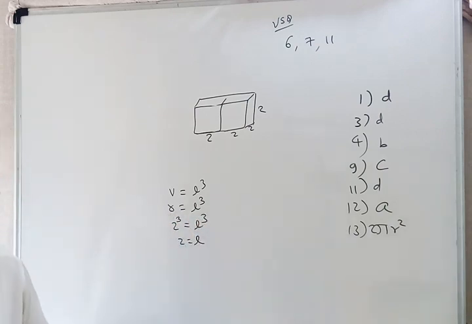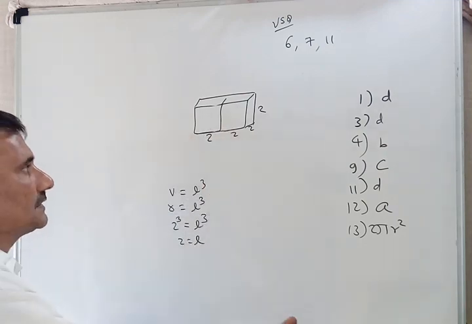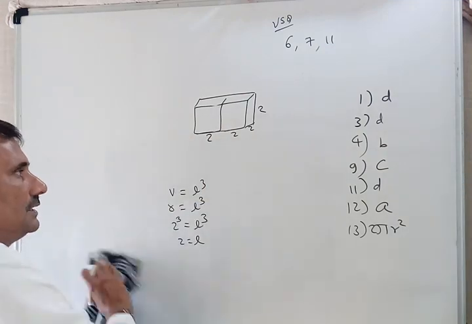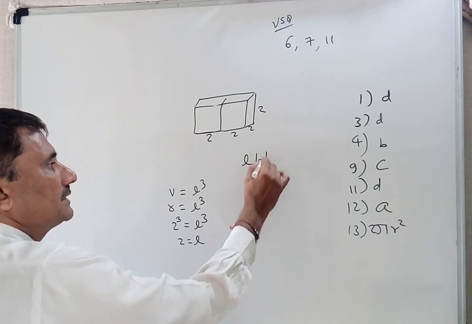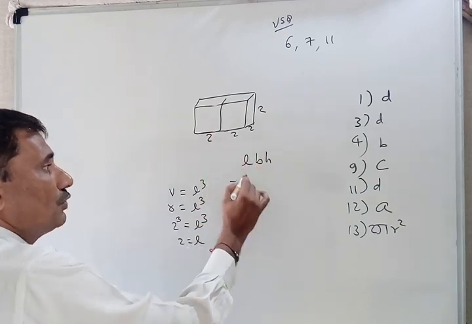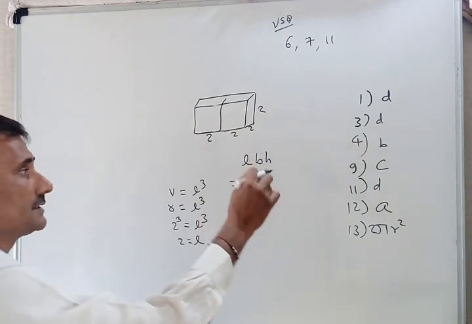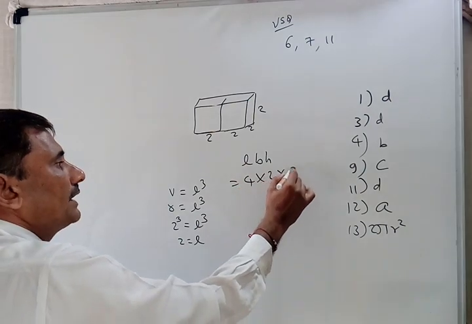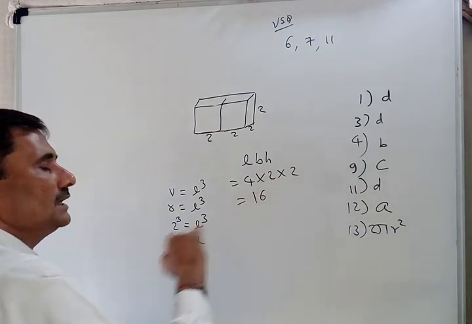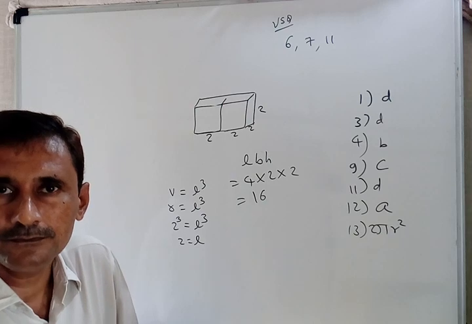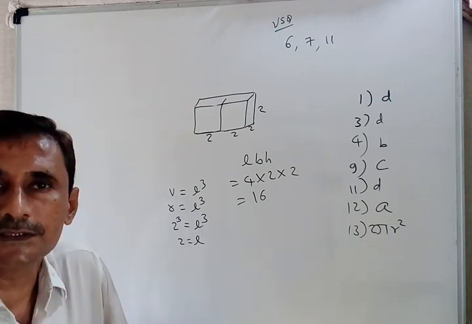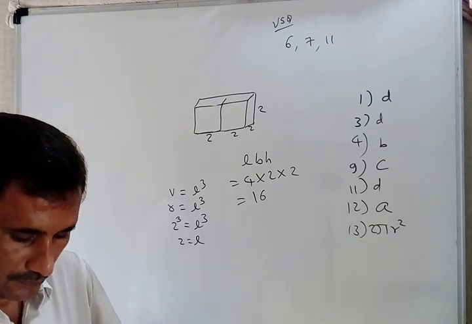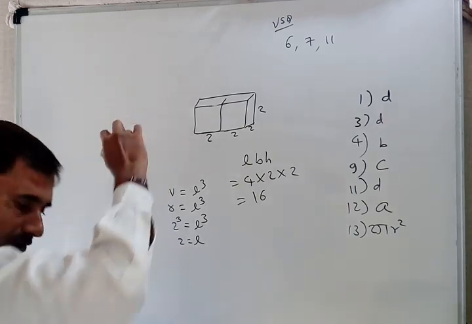Means take cube root. So now the resulting shape is a cuboid, and the cuboid's formula is lbh. So l becomes 4 here. Look there, length increased, breadth 2 and height 2. So 4 times 2 times 2 is 16. So 16 is our answer. Okay, so this was question number 12.